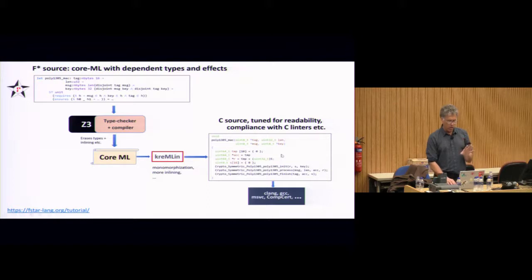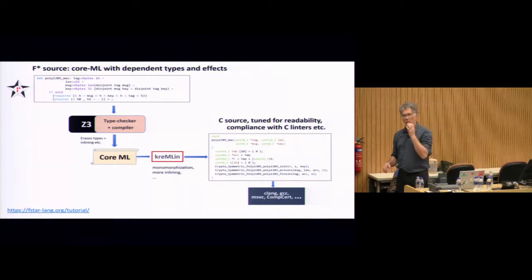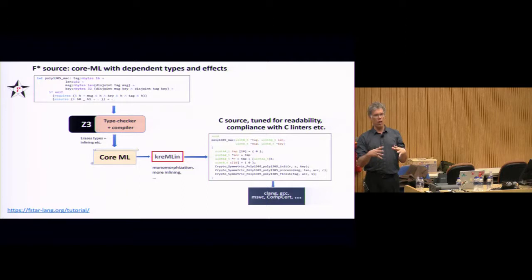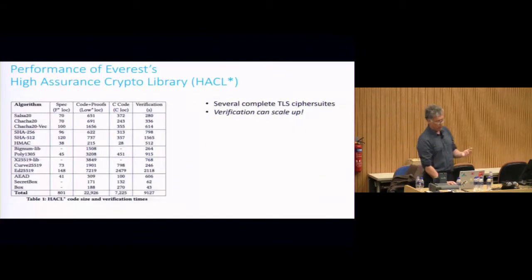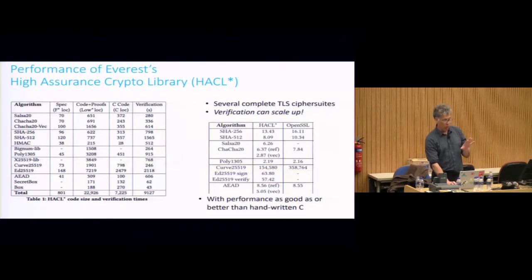A lot of the work in Kremlin is optimization work, inlining, efficiency, making the higher order functional language, a subset of it, efficiently realizable in C, which is a whole big research area, but then to output it so that we can do code review. Because remember again, if we want to go the last mile and work with industrial partners, they have expectations like, show me your code, let's do a code review, let me do a set of tests on it. So that's been a lot of work in the tool chain.